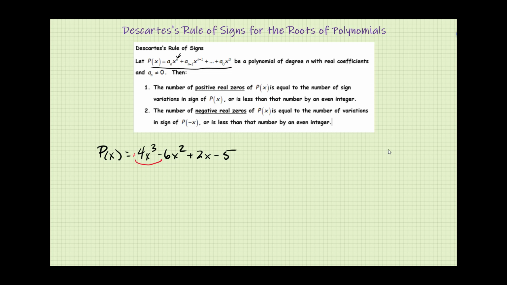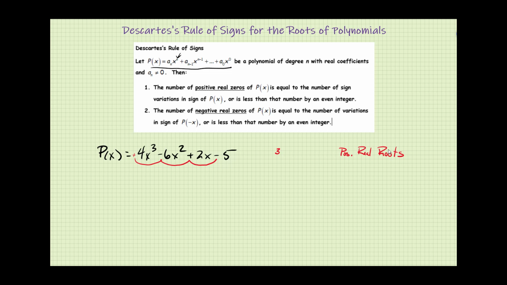Now it's negative, but then again there's a change to positive, and then again from positive it goes back to negative. So that is 1, 2, 3 sign variations. What that means is there are 3 possible positive real roots.